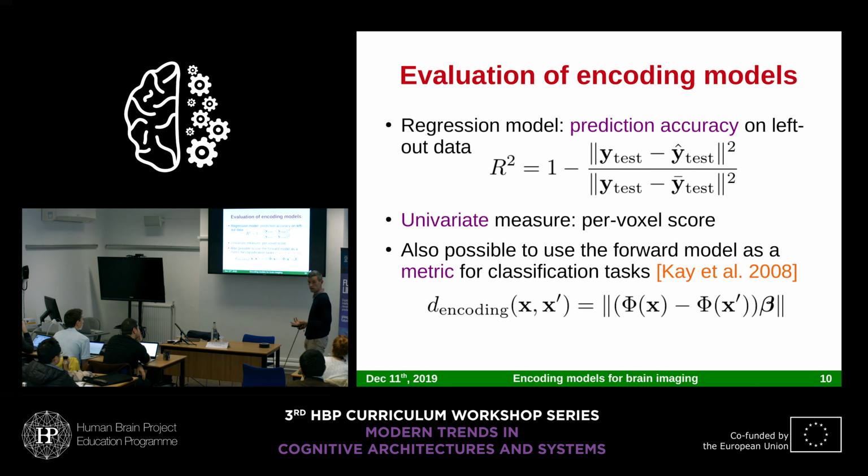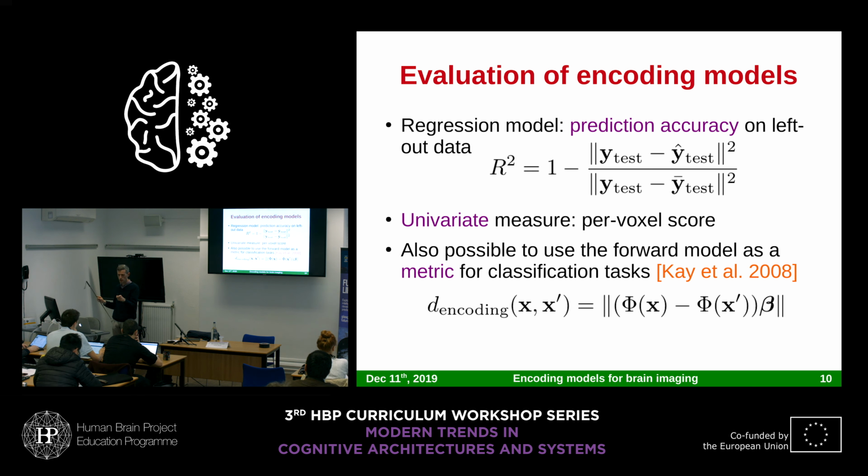Okay? Because you know everything to do that. So this means that you can use some validation measures like cross-validation. You take some data, stimulus, fMRI images to train the model, to learn the beta, and then you take another fold of the data, another subset of the data to test the model.